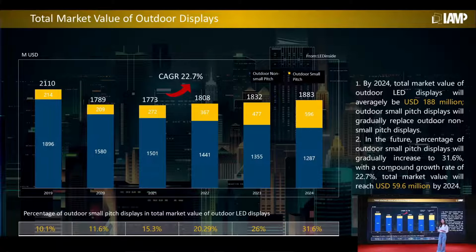But in 2020, the market decreased because of the pandemic, because the coronavirus affected the delivery and exports of outdoor LED displays. Yes, and then from 2021, it increased again year by year. So we predict in 2024 it will be up to 1.8 million US.